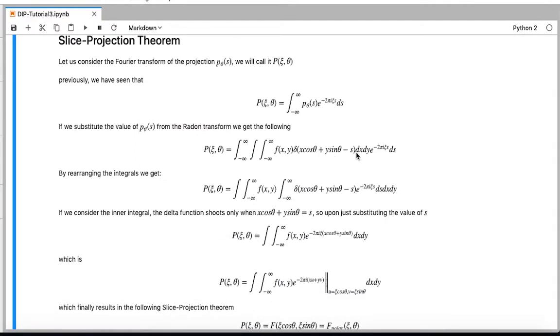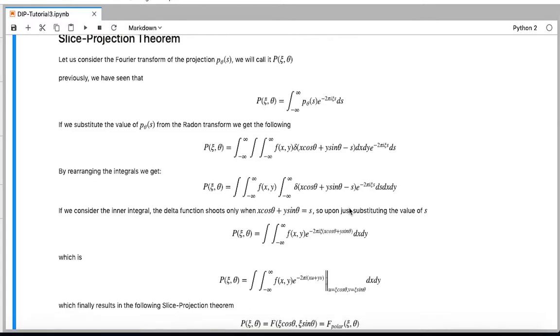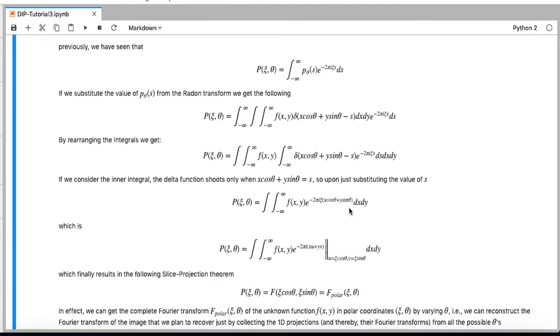If we put that here, we can shift some integrals here and there. What this means is this delta function shoots only if this condition inside is satisfied, which means you're basically taking the Fourier transform only along psi and theta.